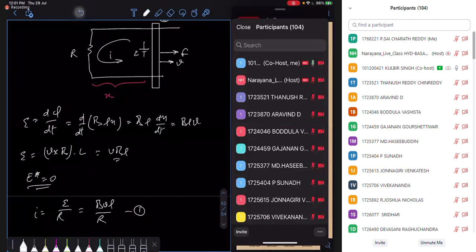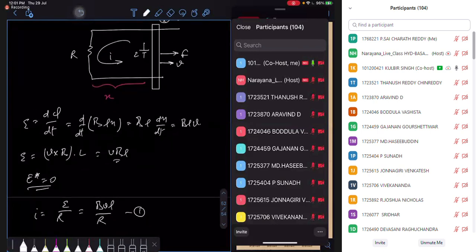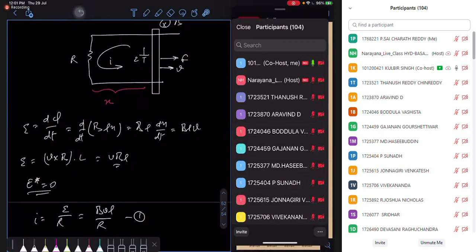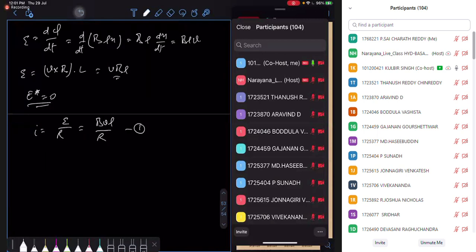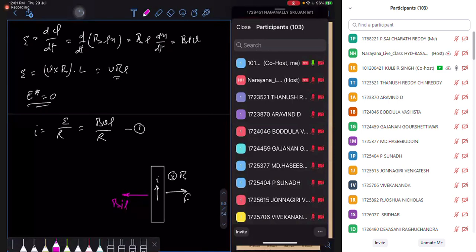Next, I can analyze the forces on the rod. There is one force coming on the rod, and this force is exerted by someone. But a second force is also coming, because of the current. Because there is a magnetic field, there is a current. Wherever there is a current in a magnetic field, it will experience BIL sin theta. So the magnetic force is BIL.